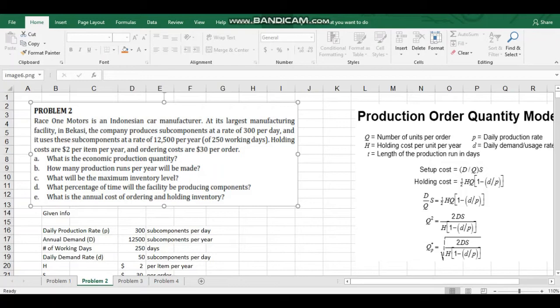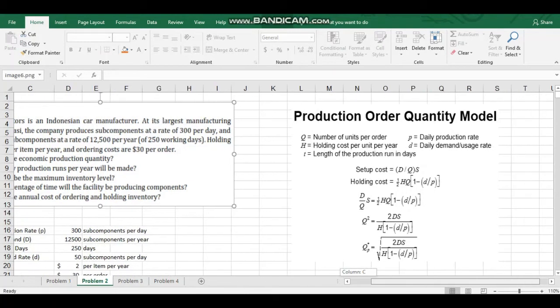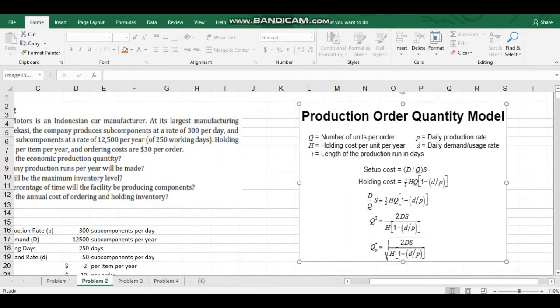So we manufacture it on our own, and that's why we call it economic production quantity. So it's not EOQ, while in this case we call it EPQ, the production order quantity model. They are a bit different but actually the same.